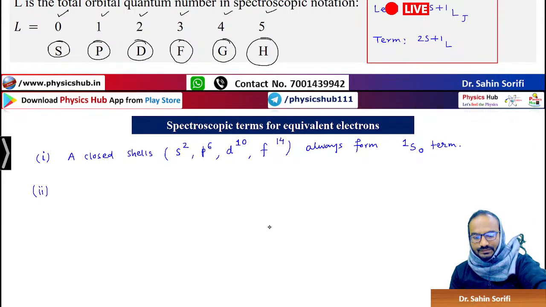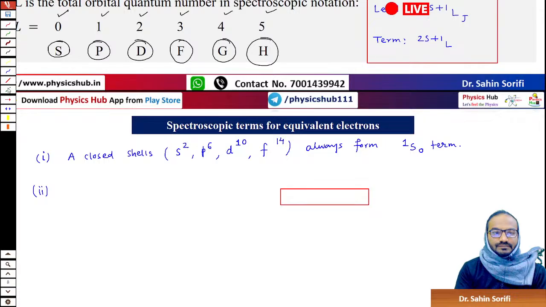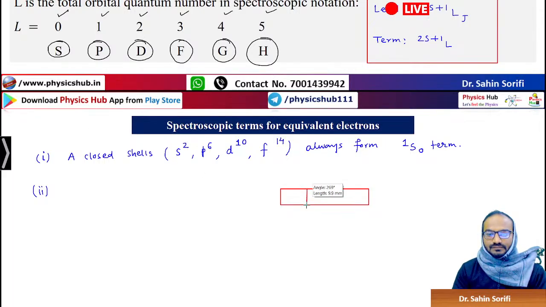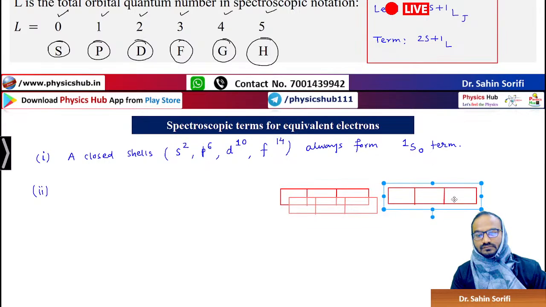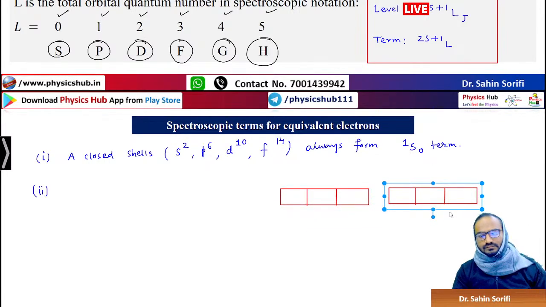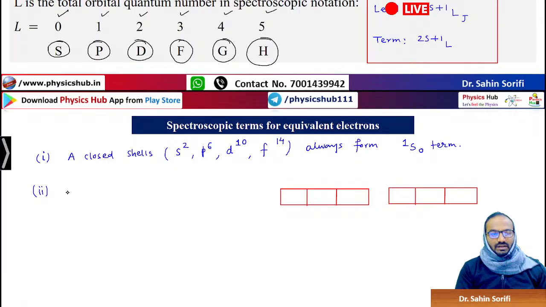Now, if you consider a structure like this, and you want to write the term of p1, the term of p1 is equal to the term of p5.